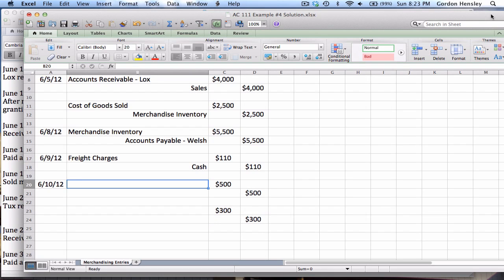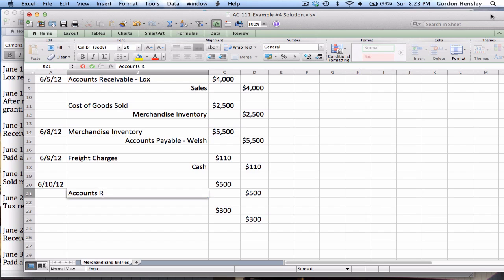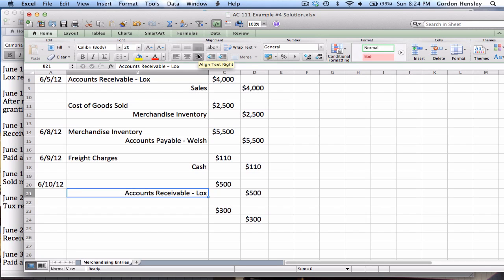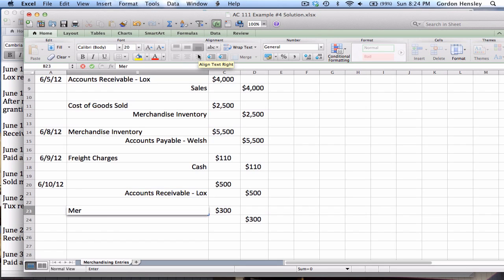Now it's almost going to be a reversal of what we did previously. So previously I had debited accounts receivable for the Locks Company. Well, now I want to credit that because if they're returning this, it's reducing the account receivable. They don't owe me as much. And then down here, I want to reverse this journal entry, merchandise inventory and cost of goods sold.